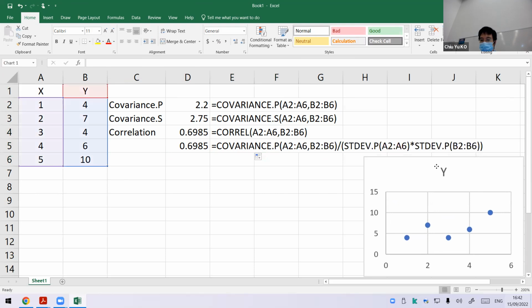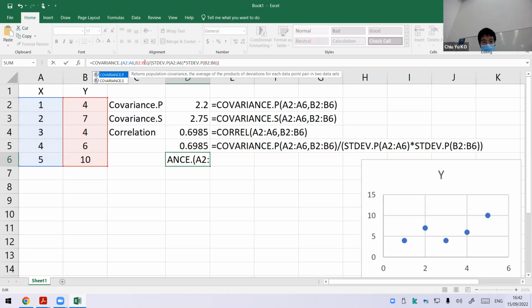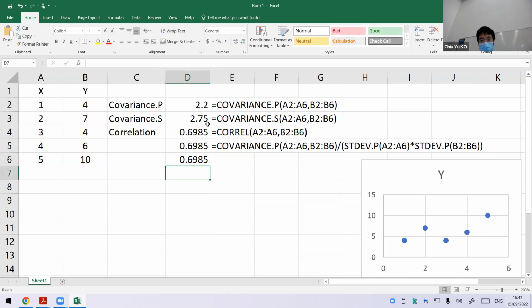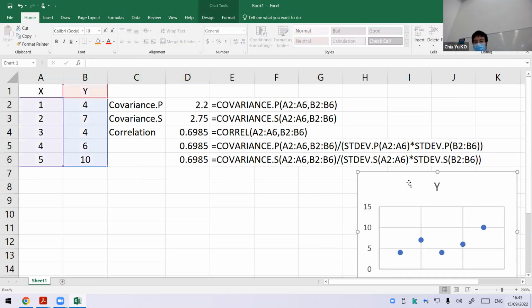And you should expect we should get the same result when I replace everything from P to S. So what I'm going to do is copy this formula here and place it here, but instead of P, I have everything replaced by the sample version, to convince you that no matter whether you use the sample version or population version, it gives the same result. So this justifies why for the correlation coefficient, we don't have a population version or sample version, they're the same.